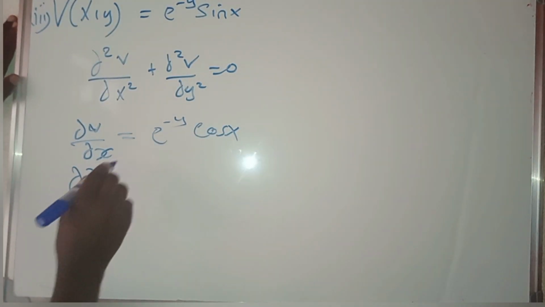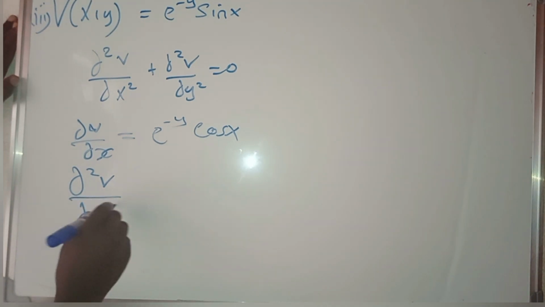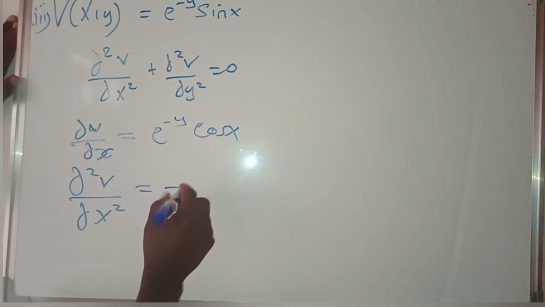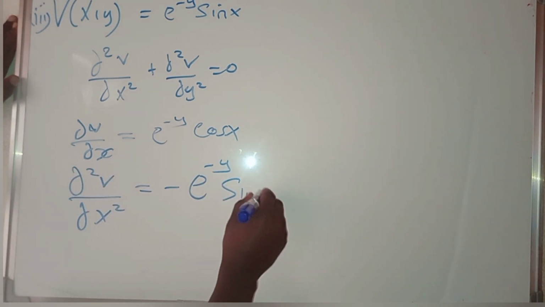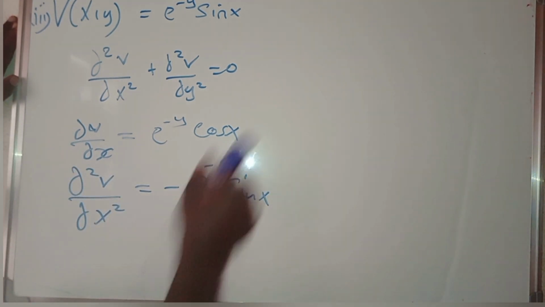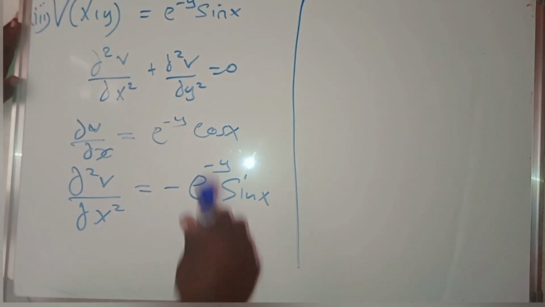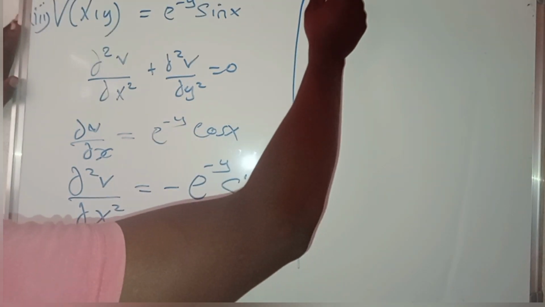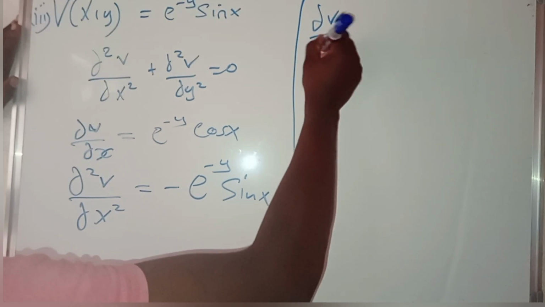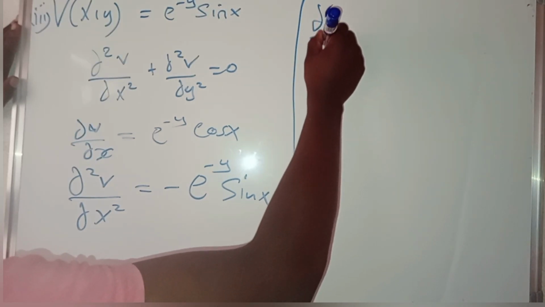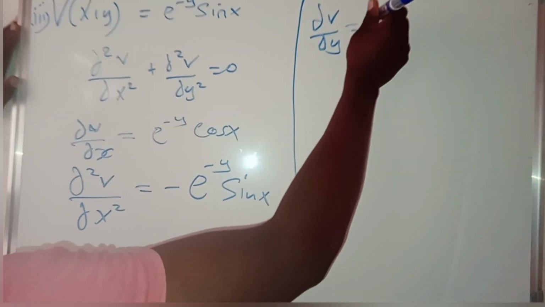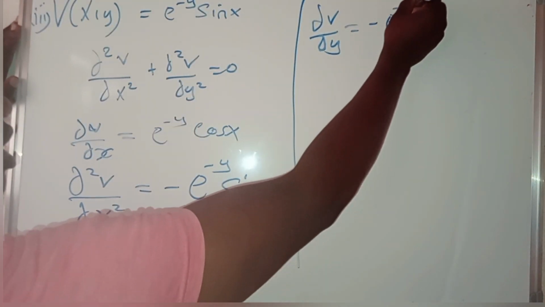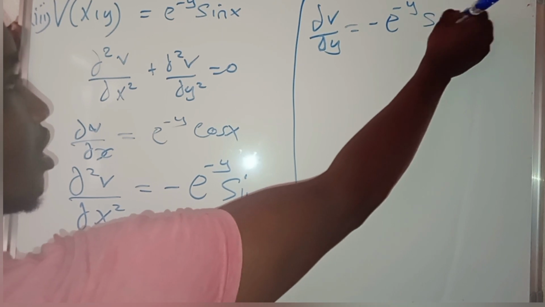The second partial derivative of v with respect to x equals minus e raised to the power negative y sin x. So for the partial derivative of v with y, here now you differentiate the part with y, is equal to negative e raised to the power negative y sin x.